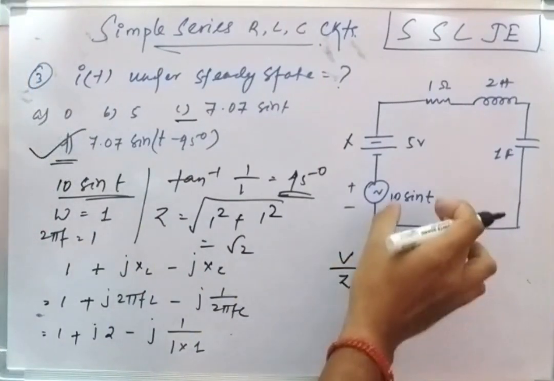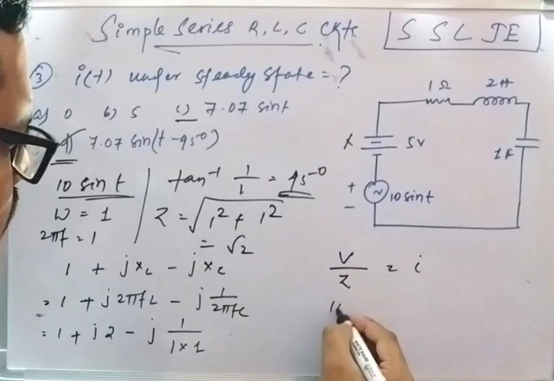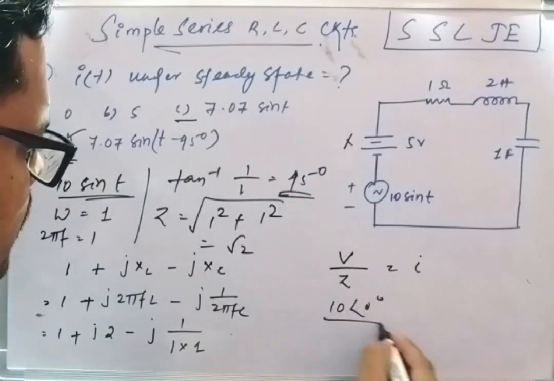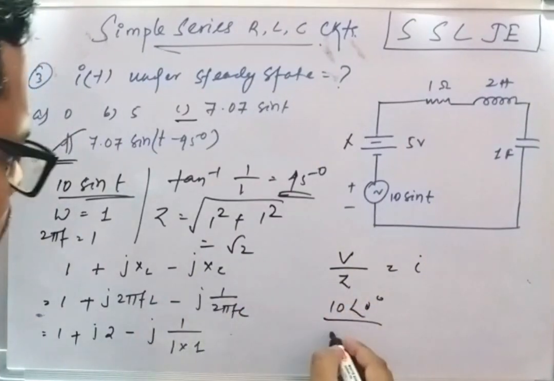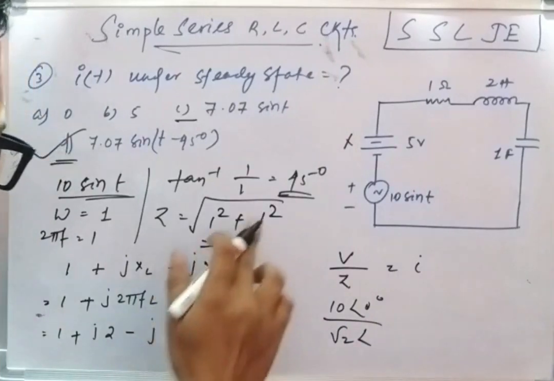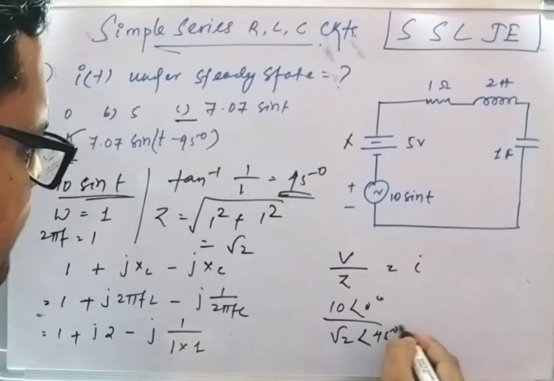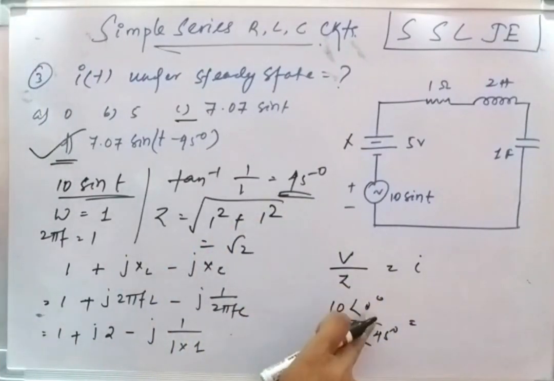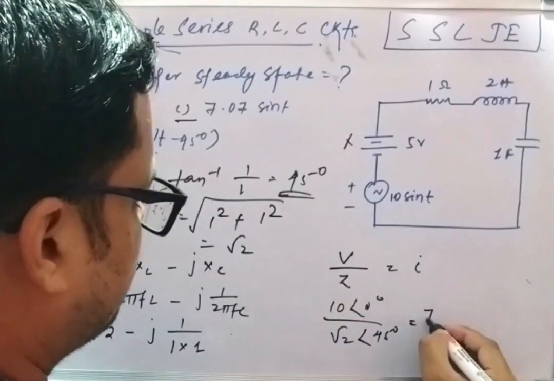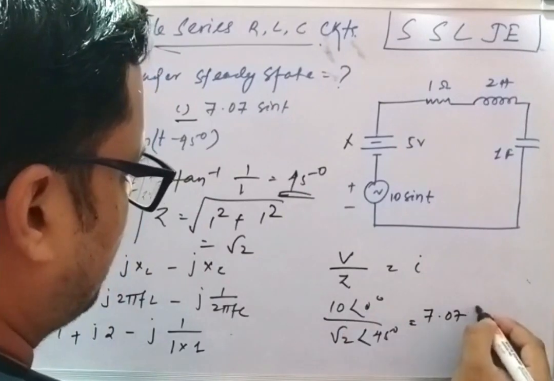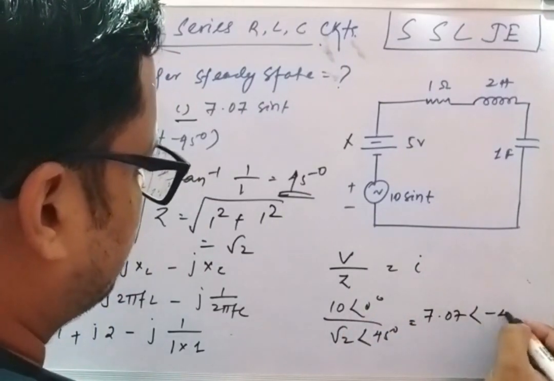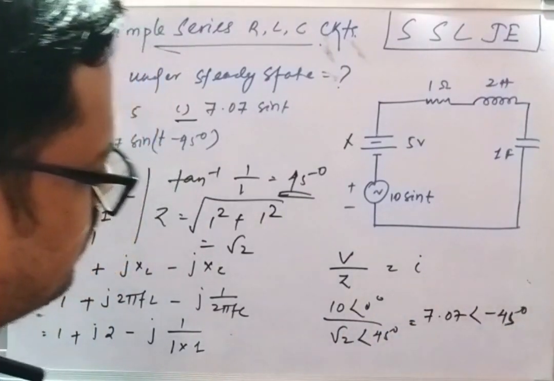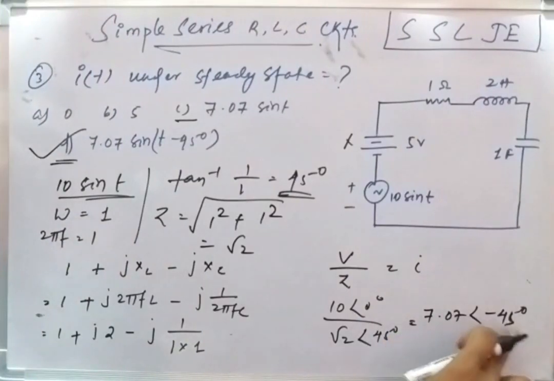If I take V in polar form, like 10 angle 0, and Z you got root 2 angle 45 degrees. In division, the angles, the phases will be subtracted, and 10 by root 2 is 7.07, and the angle will be 0 minus 45 degrees, that is minus 45 degrees. So the answer is 7.07 angle minus 45 degrees.